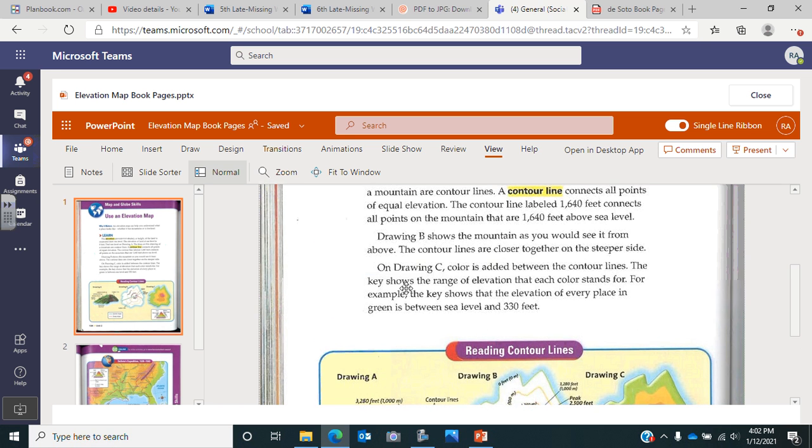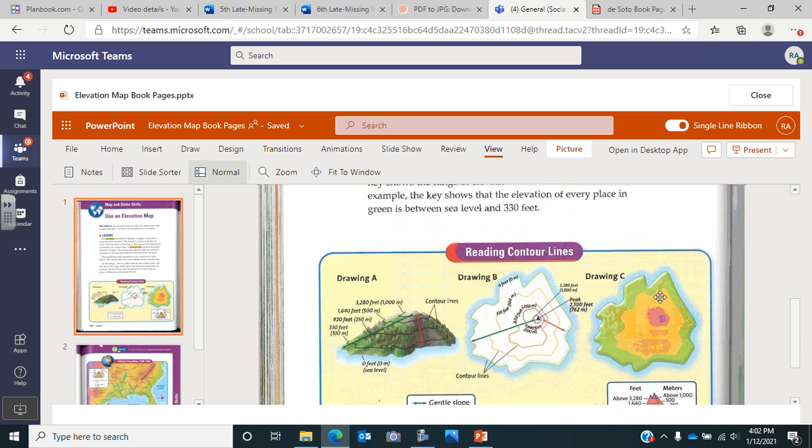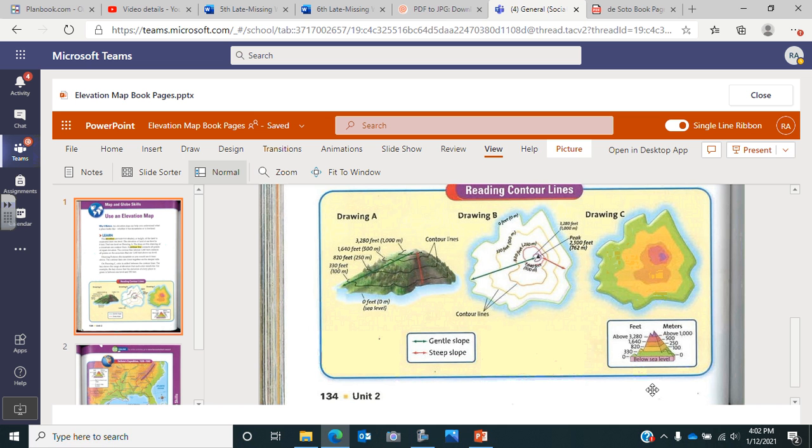On drawing C, color is added between the contour lines. The key, the map key, shows the range of elevation that each color stands for. For example, the key shows that the elevation of every place in green is between sea level and 330 feet. So here's our map key, and we can see that green means it's between 0 and 330 feet above sea level.